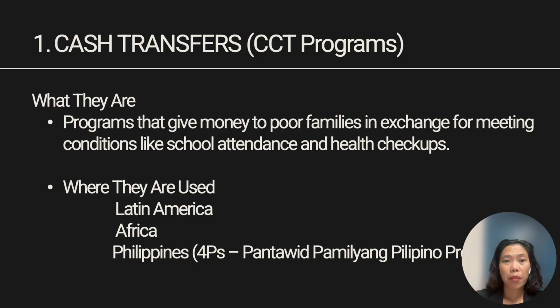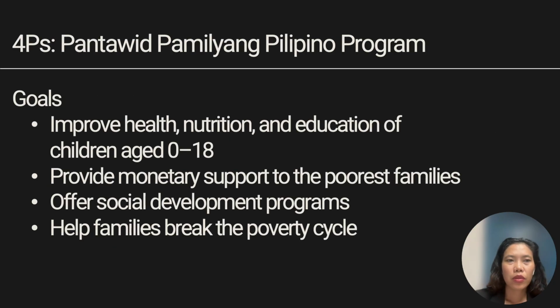We have 4Ps, the Pantawid Pamilyang Pilipino program. So that is also being monitored by the government. The 4Ps' goal is to improve the health, nutrition, and education of children 0 to 18 years old, and it provides monetary support to the poorest families.